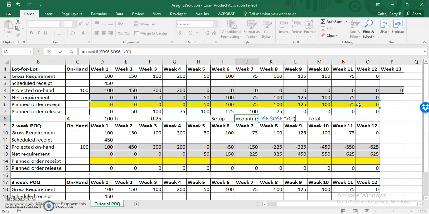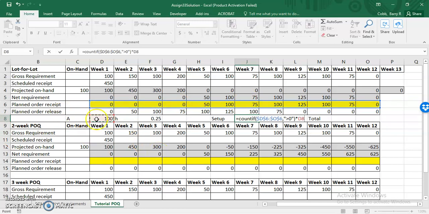Interestingly, you have to put this mathematical criteria in quotation marks. That's going to count up to 7, because there are 7 orders where the planned order receipt is not 0. Then we would just multiply that times the fixed ordering cost.